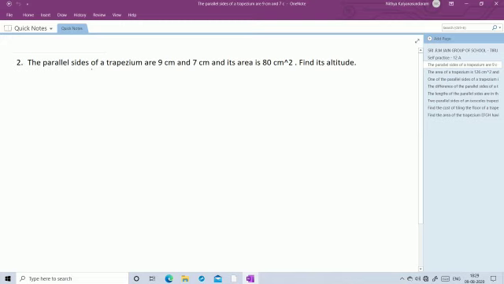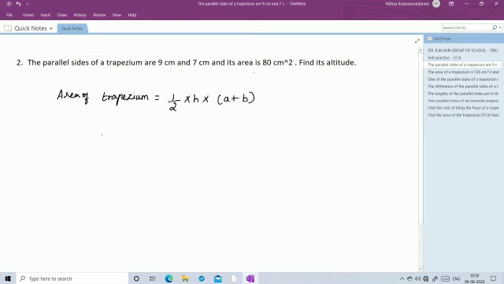Second question. The parallel sides of a trapezium are 9 centimeter and 7 centimeter and its area is 80 centimeter square. Find its altitude. So area is given, parallel sides are given. By using the area of trapezium formula, calculate. Area of trapezium is equal to half into h into a plus b.